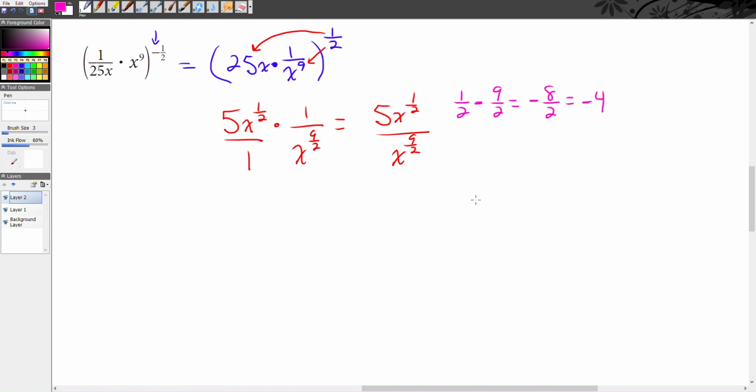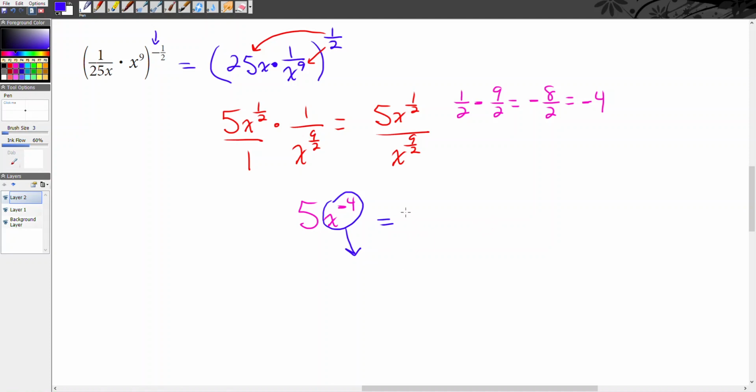negative 4. So when I simplify this expression, after I subtract my exponents, I have the expression 5x to the negative 4th power. And as we know about negative exponents, it means reciprocal. So if you have my variable with a negative exponent, the way I find the reciprocal is I just take this, and when I flip it, it's going to end up on the bottom of my fraction.